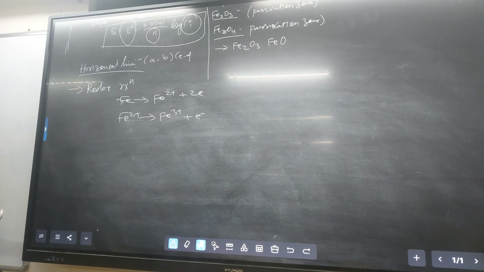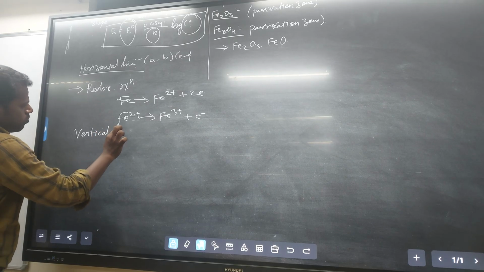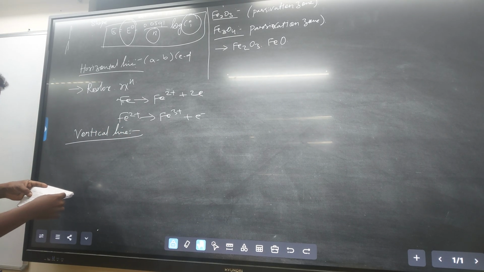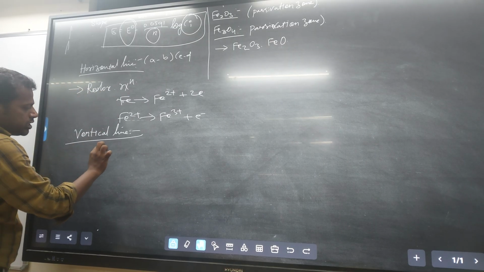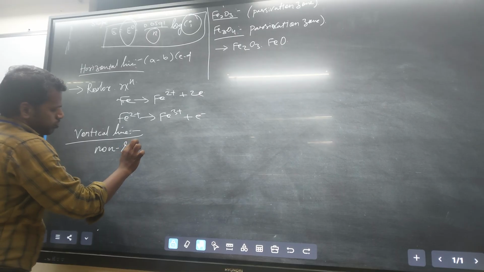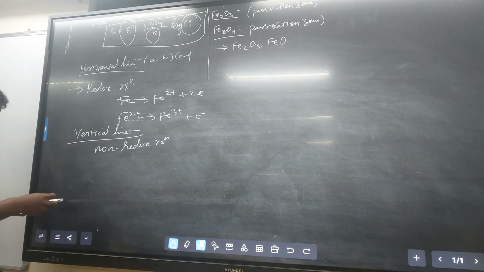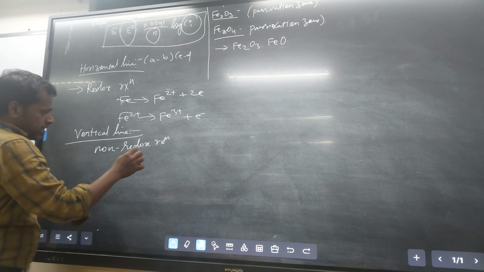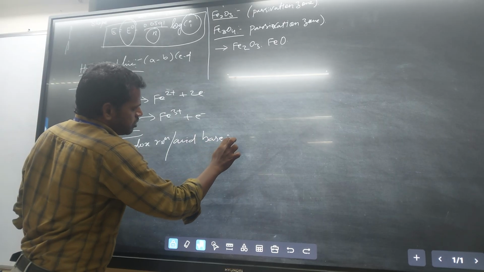And the next, the vertical line. You take a vertical line. This one is a non-redox reaction, or else an acid-base reaction.